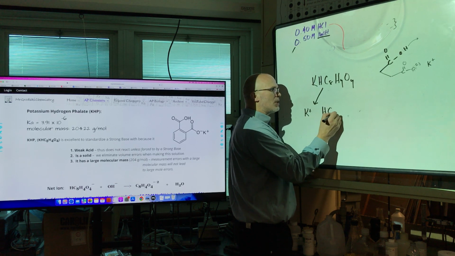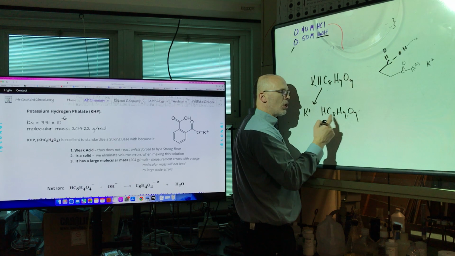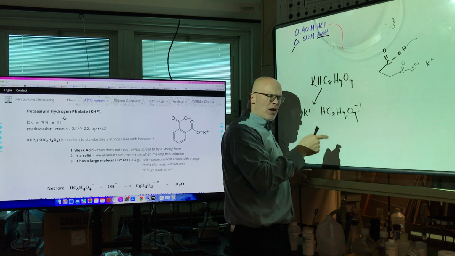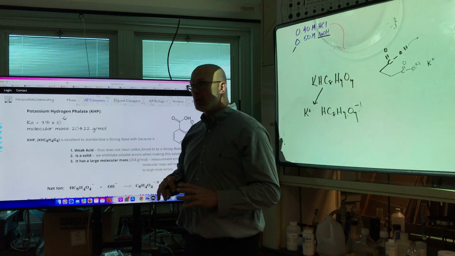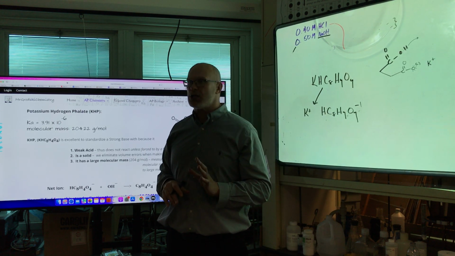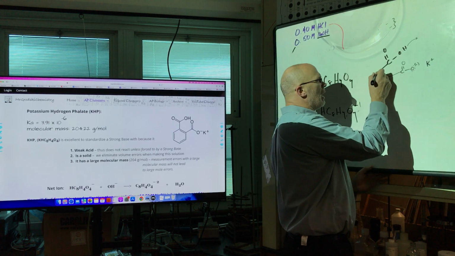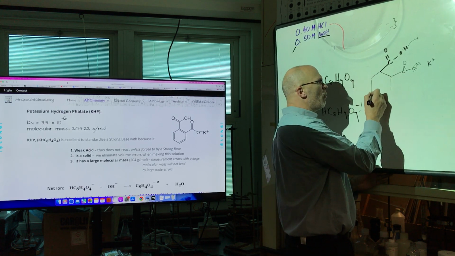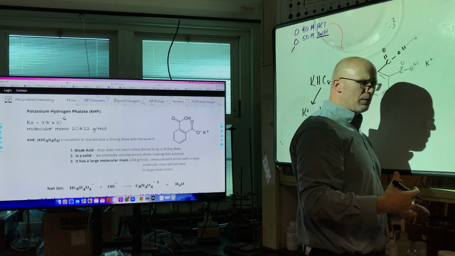And then we have HC8H4O4. What's its charge? Negative. Now, what's really strange is this -1 ion is actually an acid. It can still dissociate an H. You say, well, how can it be if it's -1? Because a -1 is kind of far away from the overall molecule. It's a big molecule.